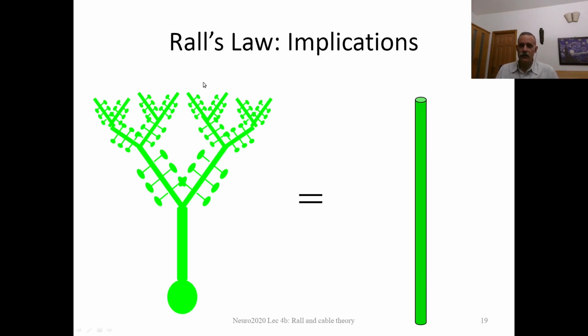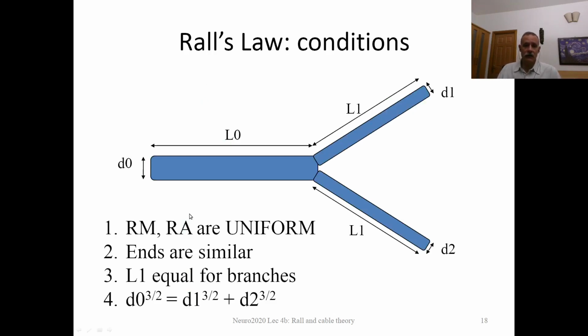Remarkable. So you should ask, and you must ask, in fact, how well are these conditions met? And it turns out that the conditions are actually reasonably well met, good enough for many practical purposes for many kinds of neurons. Specifically, it is reasonably well met for many pyramidal neurons, which are one of the major excitatory neuron classes in the brain.